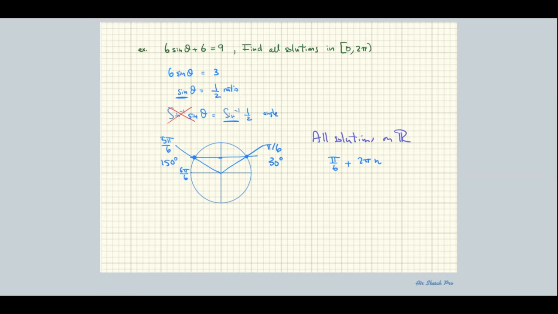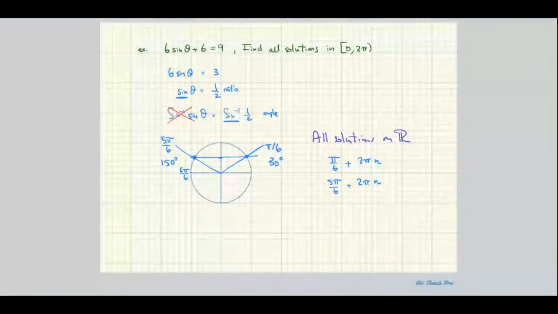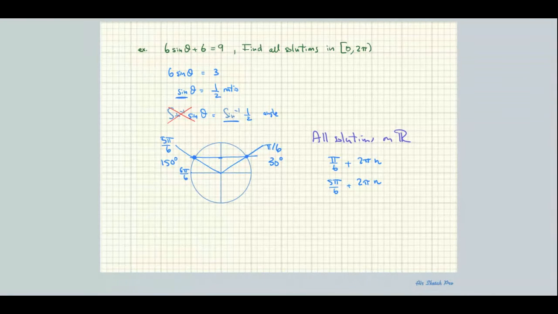N means a multiple of 2 pi, the full way around. That's 360 degrees. And the other solutions are 5 pi over 6 plus multiples of 2 pi, 2 pi times n. And here, n is just any whole number or negative whole number or 0.